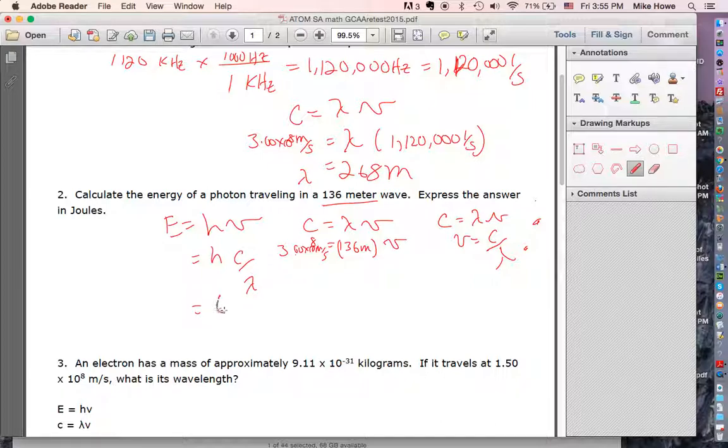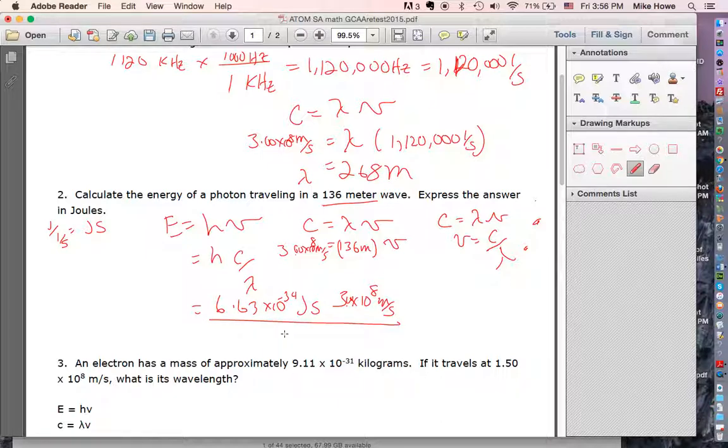So then you would have 6.63 times 10 to the negative 34th. I'm going to write joule seconds, joule per hertz, but a joule per hertz is a joule per reciprocal second. So a joule per 1 over S, which is equal to a joule second. And C is equal to 3.00 times 10 to the 8th meters per second.